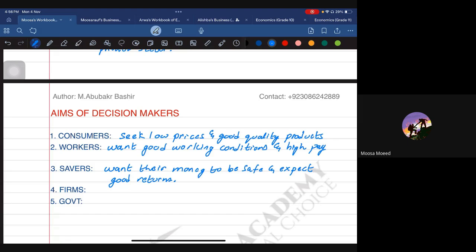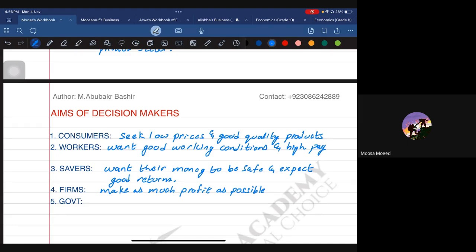Then we talk about the firms. Firms want to make as much profit as possible, right? They want to make as much profit as possible. This is one of the primary aims of any firm.